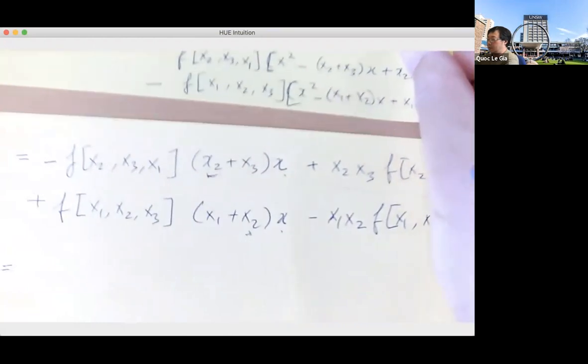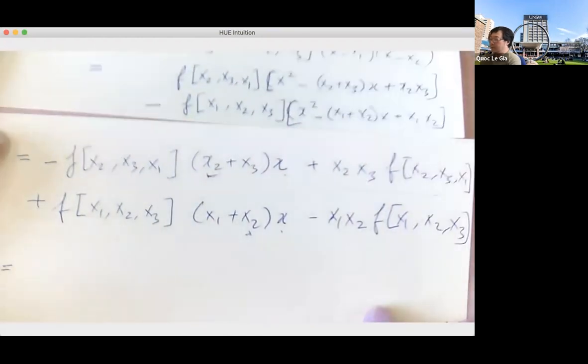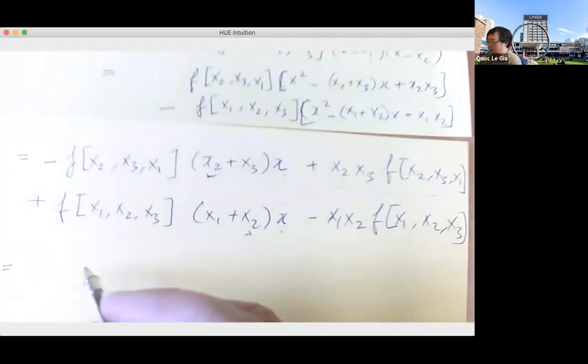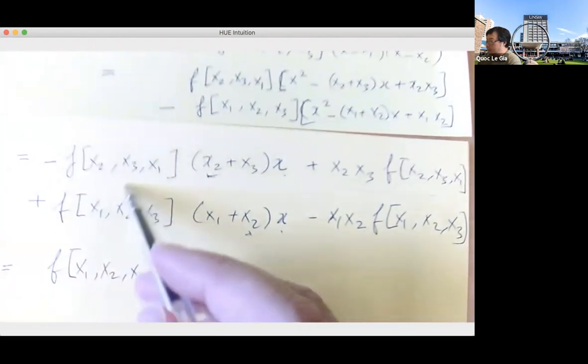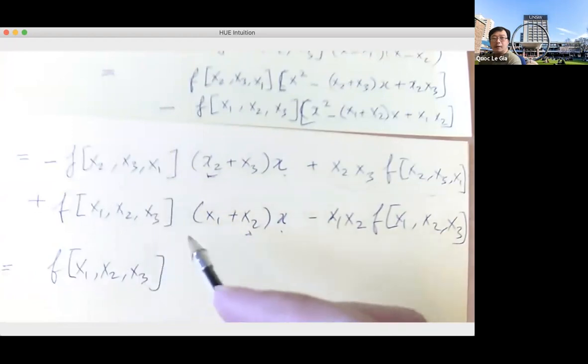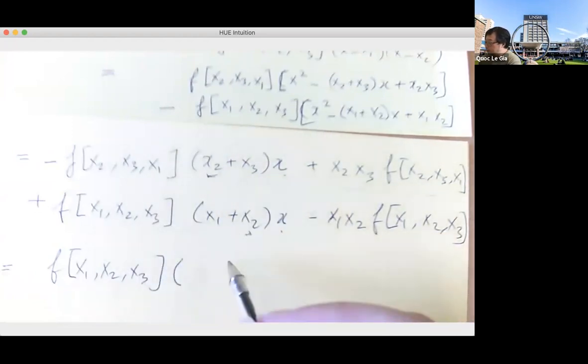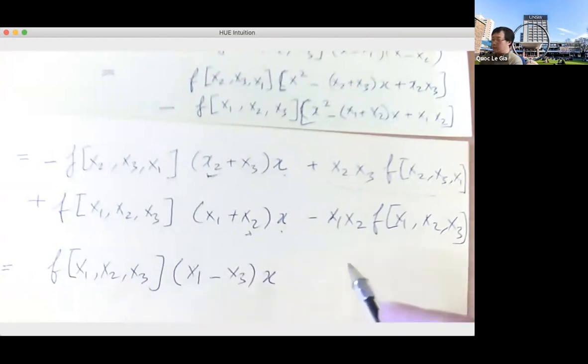This one is a bit dense, but you can rewrite this as f of x1, x2, x3. Remember this coefficient is the same, so you can make it a common term, and then x2 got cancelled. You have x1 minus x3 multiplied by x, and now just a bunch of constants.